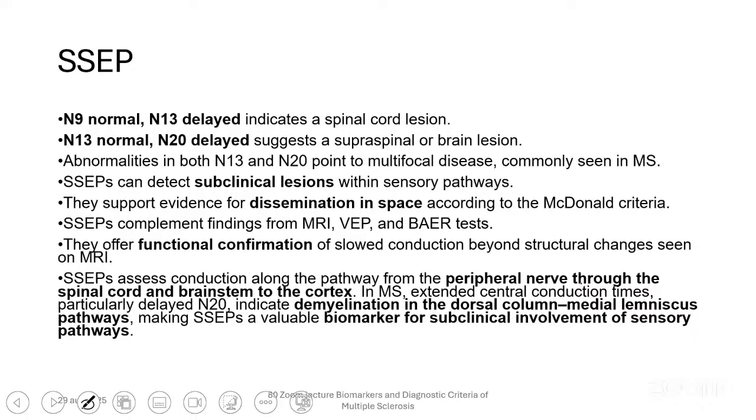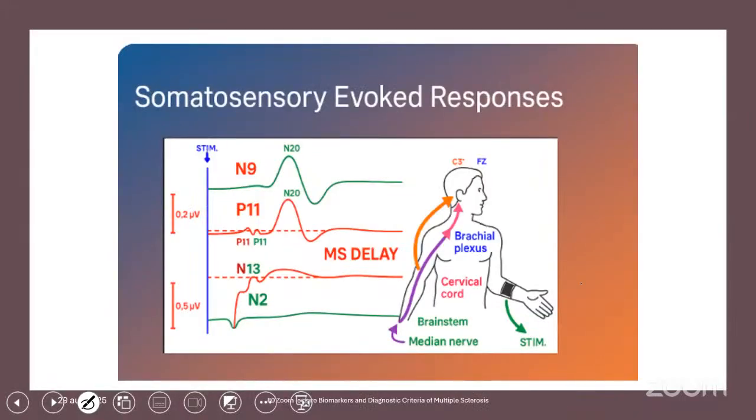So we have seen the optic nerve and other things, BAER and SSEP and VEPs. So you can see the somatosensory evoked responses. See, brainstem, median nerve, that's what is going on, and cervical cord, brachial plexus, right? So this is wrongly placed here.